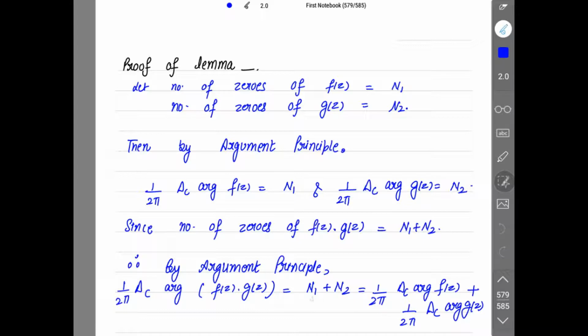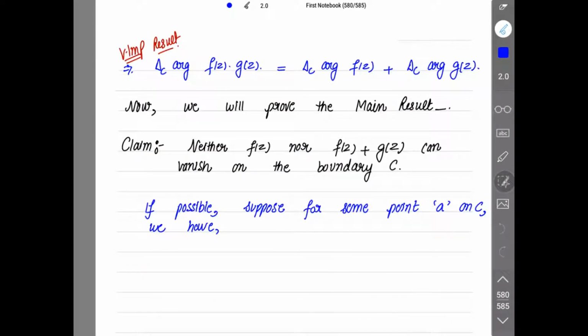Now put the values of n1 and n2 over here and cancel the 1 over 2 pi on both sides. You will get the result delta C argument f(z) g(z) is equal to delta C argument f(z) plus delta C argument g(z). This result I need to use in the main proof of the theorem, so you have to prove this result first before proving the main result of the theorem, right?